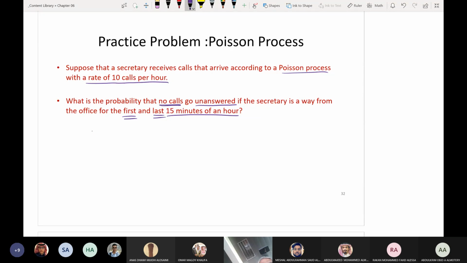So first of all, what is the rate of arrival? Calculate the rate of arrival and send it to me over the private chat, please.